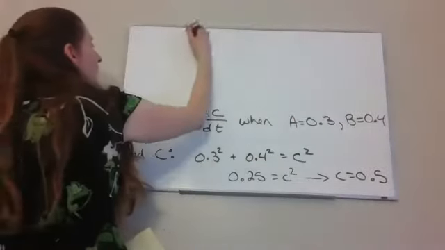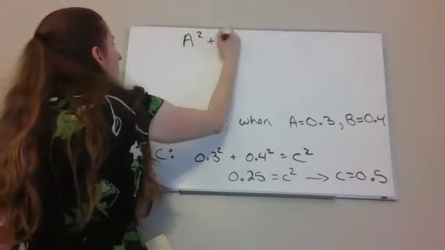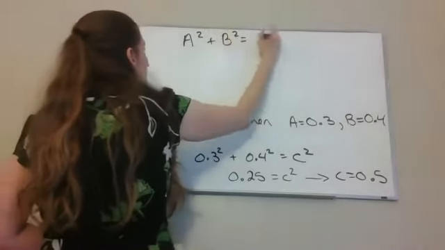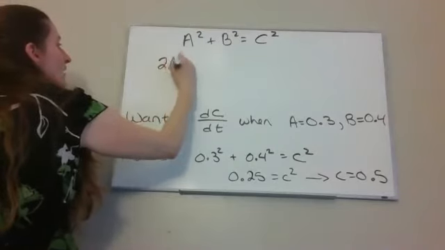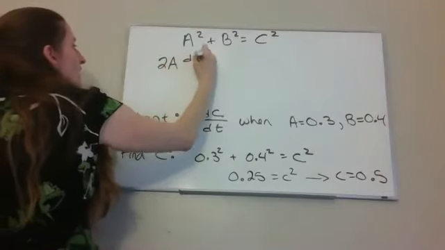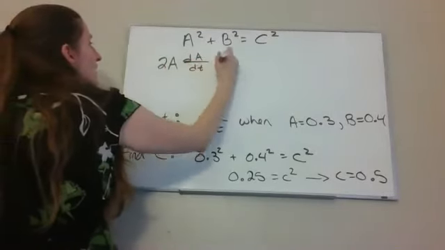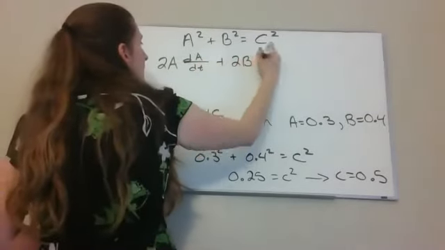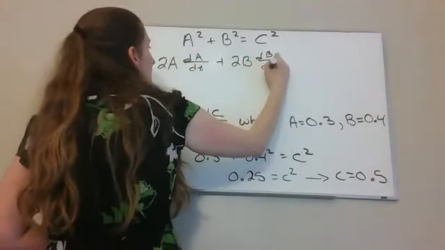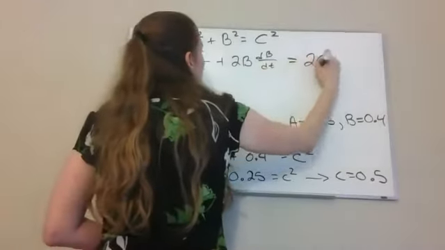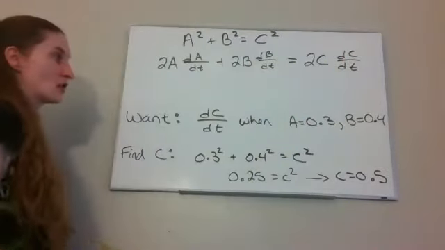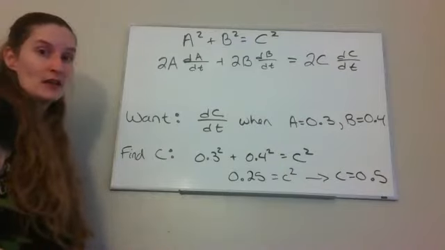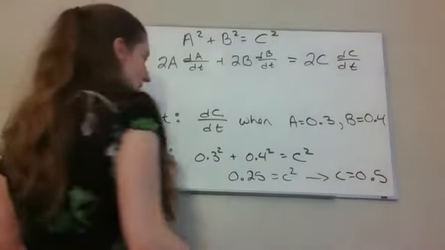So I had a squared plus b squared equals c squared. When I take my derivatives with respect to time, I get 2a dA/dt plus 2b dB/dt equals 2c dC/dt. And now I can just plug in everything that I know and solve for dC/dt.